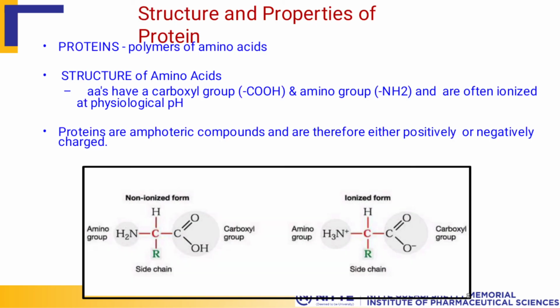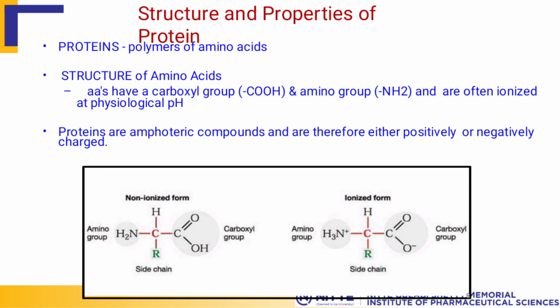Now let us see the structure and properties of a protein. Here I have tried to show how the separation happens in a protein. A protein is basically a polymer of amino acids, and it is amphoteric in nature. Amphoteric means it carries both positive and negative charges: the carboxylic acid carries COO minus, whereas the amino group carries NH3 plus.